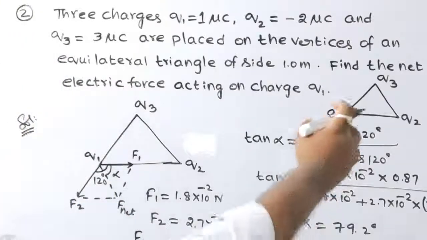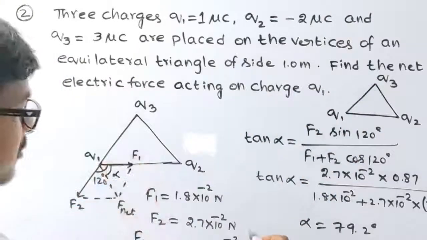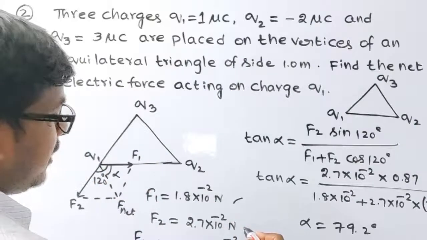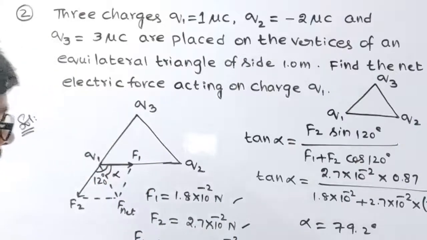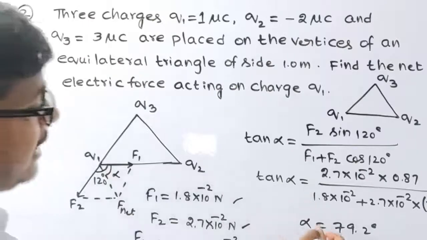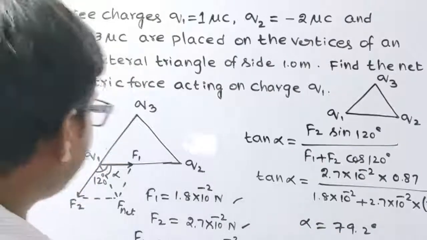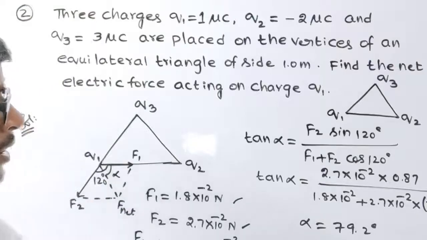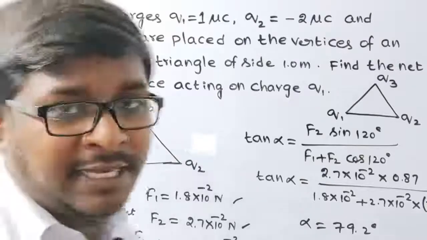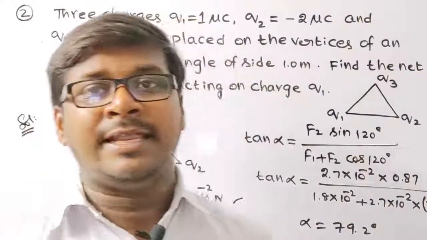In this problem, find F1, F2, the net electric force, and the direction, that is angle alpha, also. That value is 79.2 degrees.